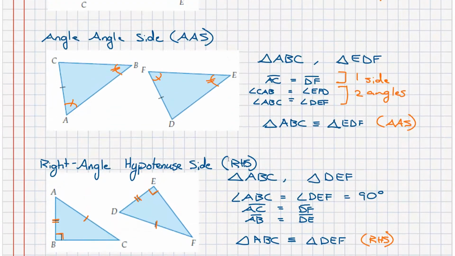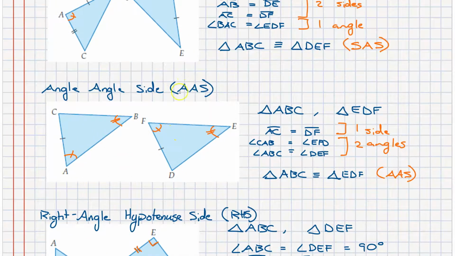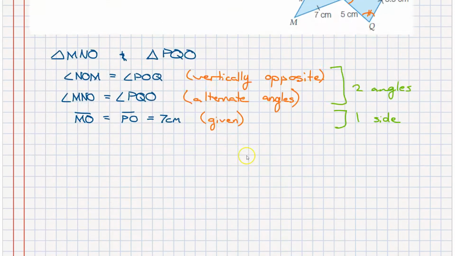So notice two angles and a side, what we can say is that the two triangles are congruent with one another based on the angle side property. So we can say therefore triangle MNO is congruent with triangle PQO, and they're congruent using angle side.